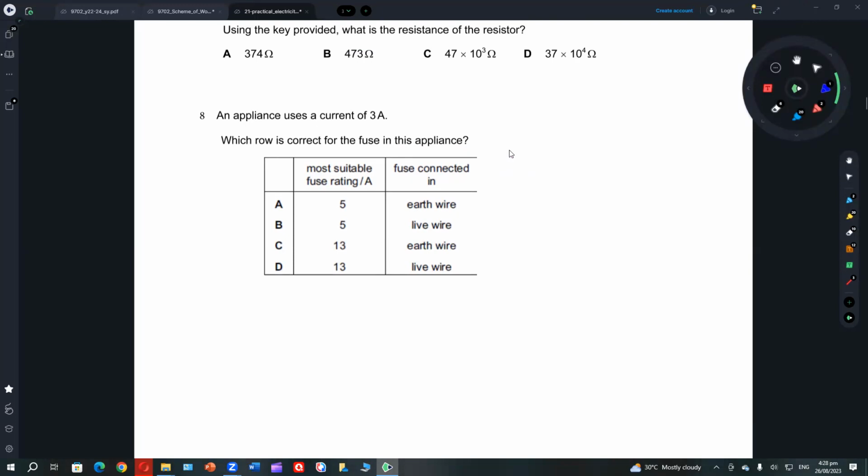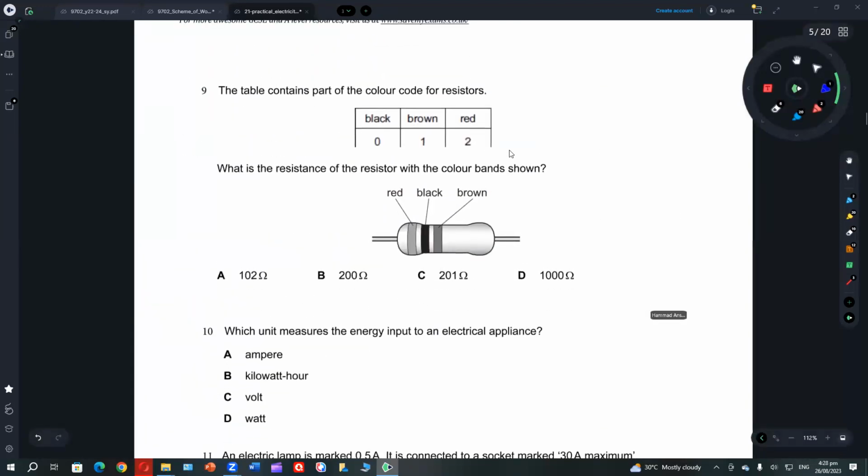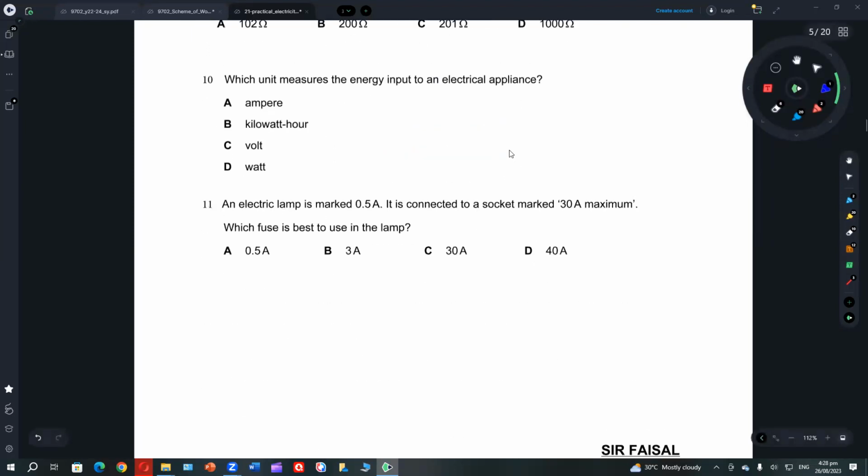So if a 3 ampere device is there, then obviously you can put a fuse of 5 ampere. Live wire is compulsory because fuse is always connected in a live wire, and fuse should be a bit higher in value than the line current. This is again a topic which is not required now.